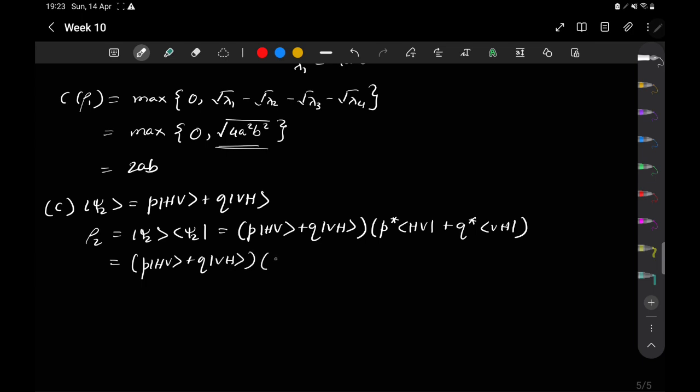And since P and Q are real, so P star is equal to P and Q star is equal to Q. Now we will open up the brackets.